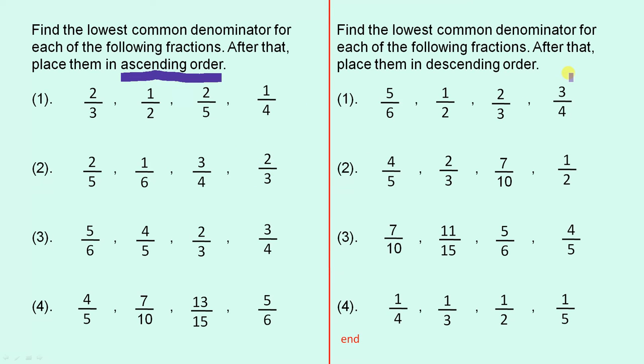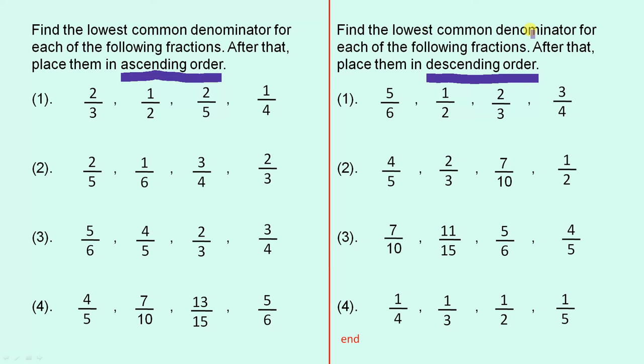The next one is find the lowest common denominator for each of the following fractions. After that, place them in descending order. So that means from largest to smallest. Now the crucial thing is we must make all these denominators the same. Okay? Now by doing that, it will help us to add the fractions together.